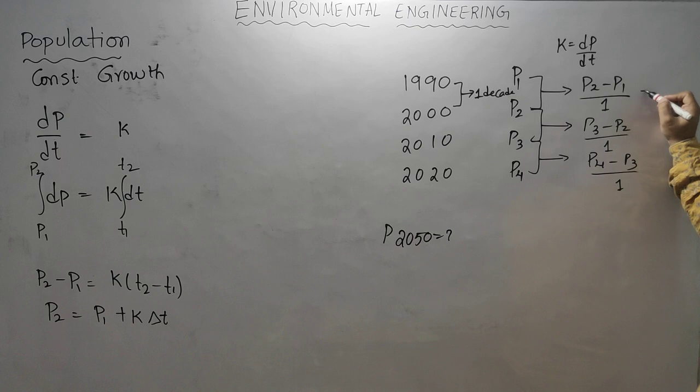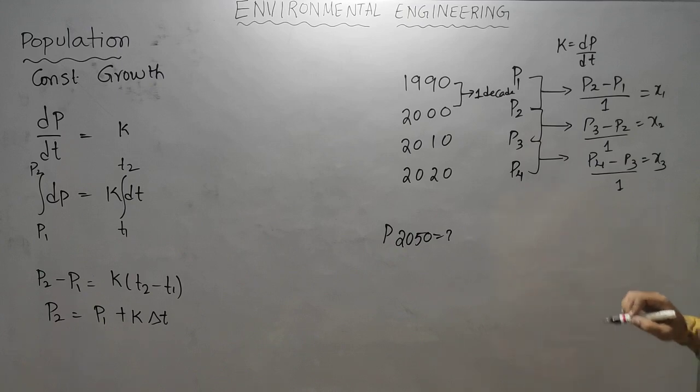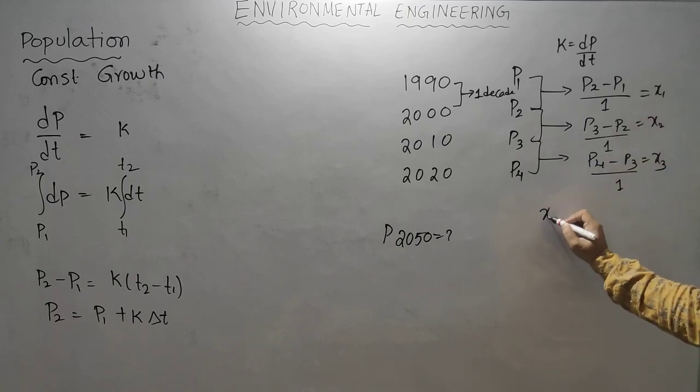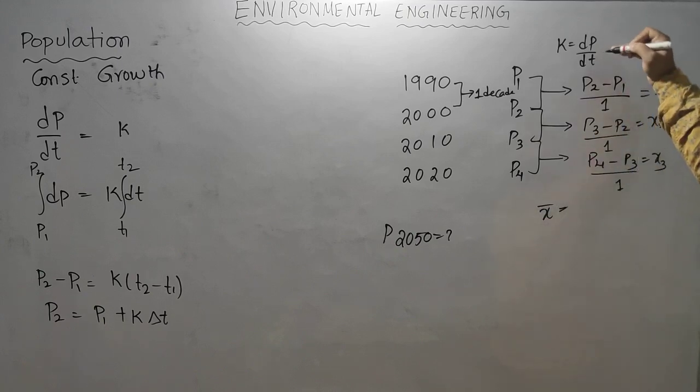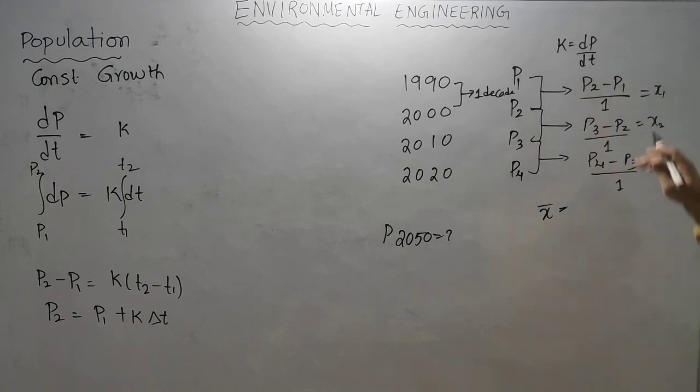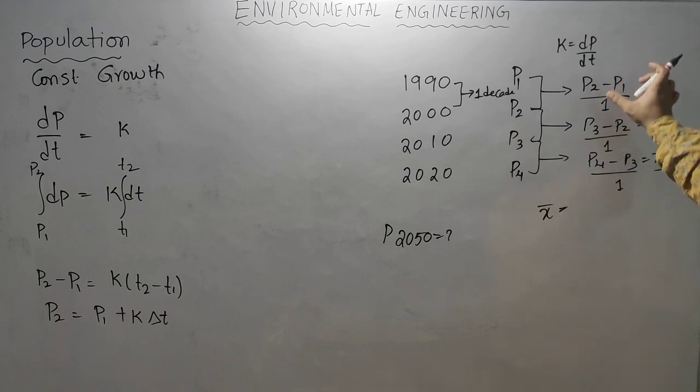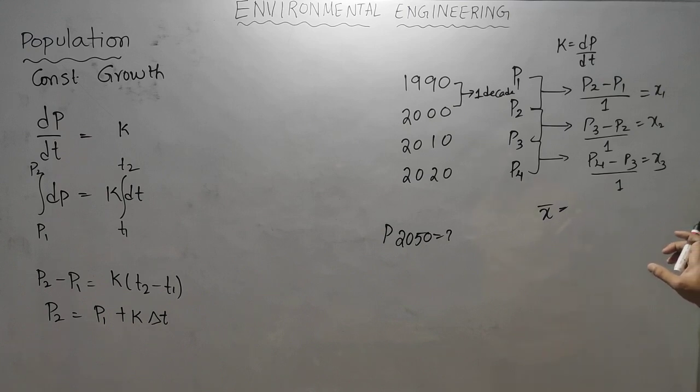So we take this as x1, we take this as x2, we take this as x3. Then we will take the average of this. So there are different dp by dt values. For this, this is dp by dt. For this, this is dp by dt. For this, this is dp by dt. To have a uniform dp by dt, what will I do?